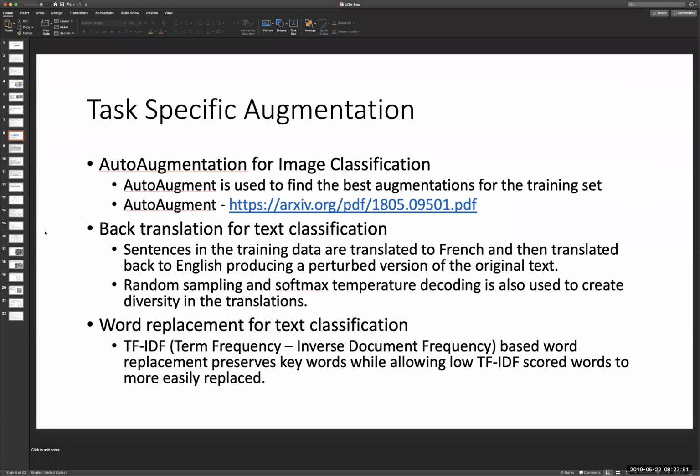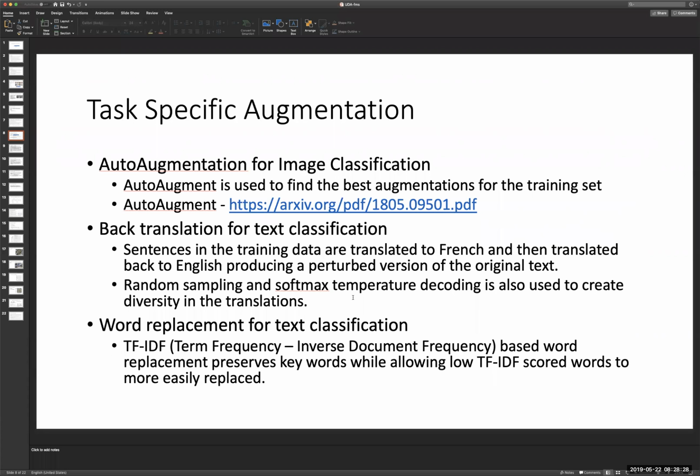And the perturbations are adjusted by using some random sampling and softmax temperature decoding techniques that are available within the translator. So the translator is not simply a one-to-one transform between an English sentence and a French sentence. There are some one-to-many methods of the transform, so that allows it to be used to generate perturbations of text.